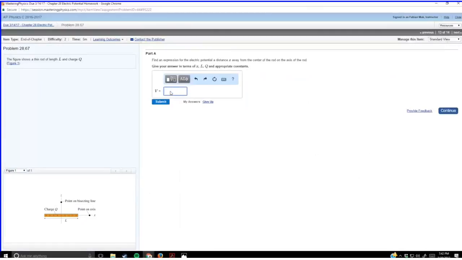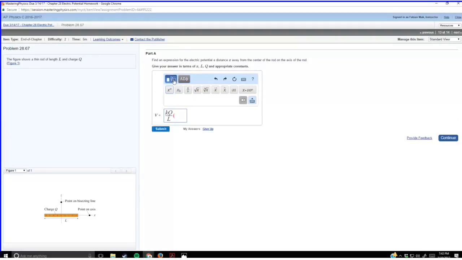So kq over L times natural log. Or is that a function thing?